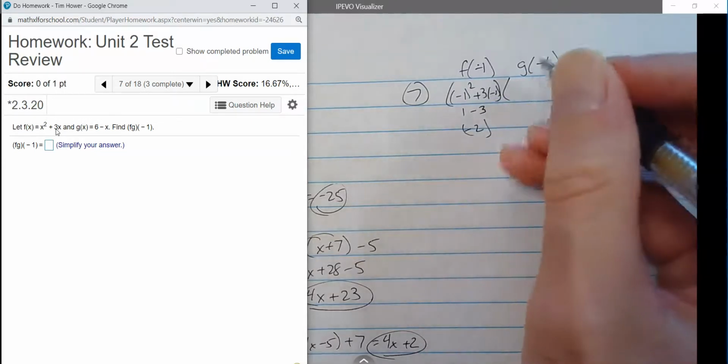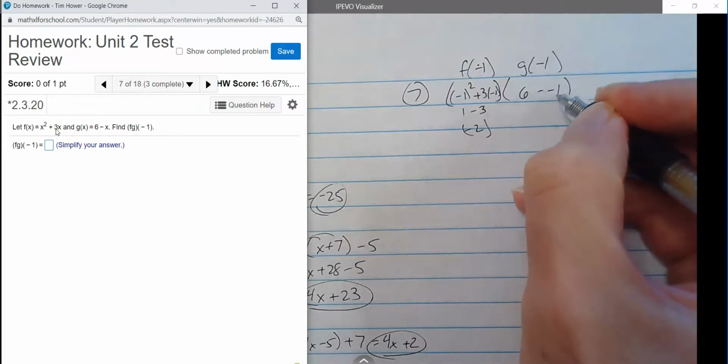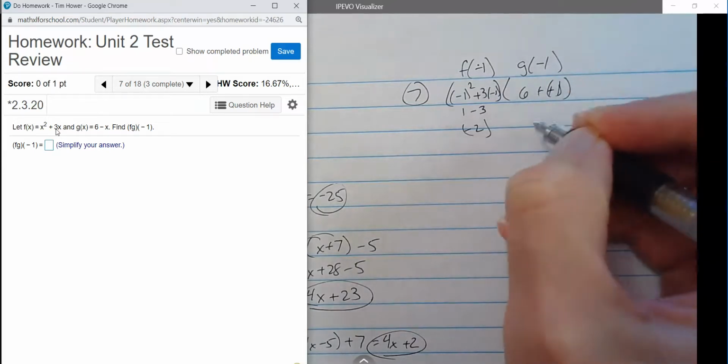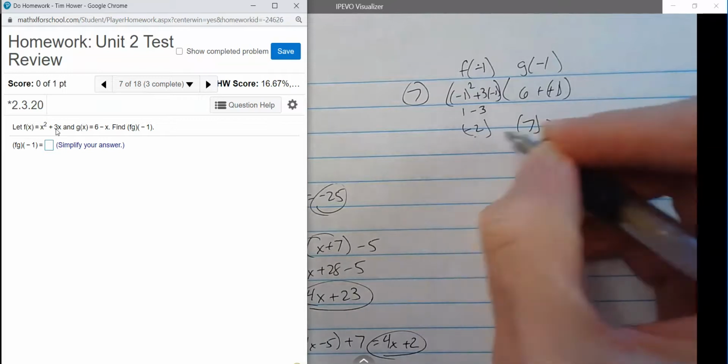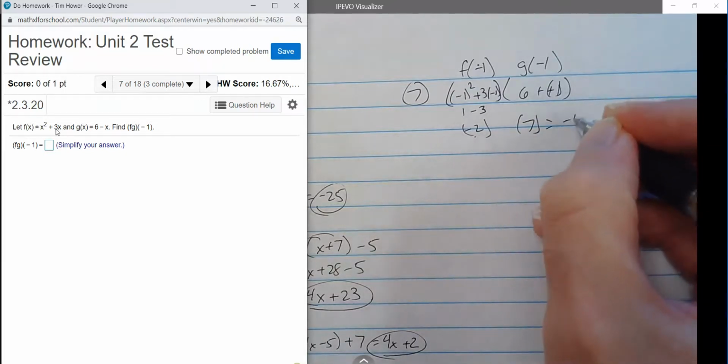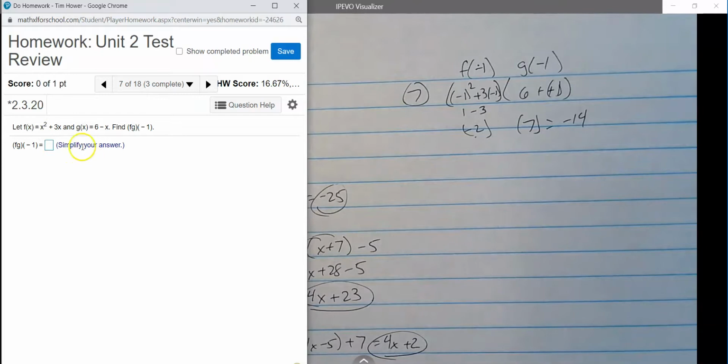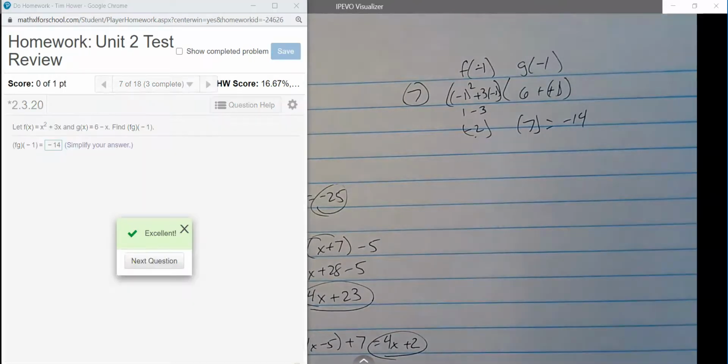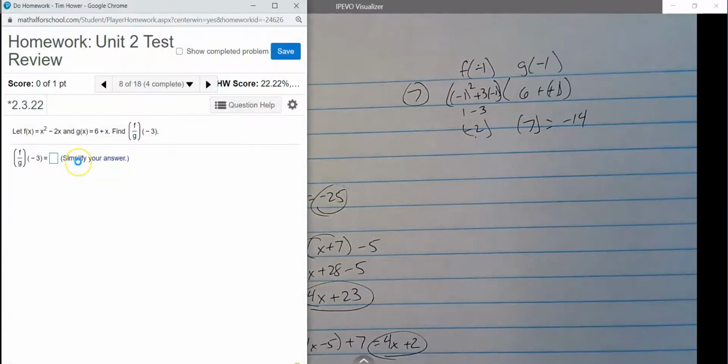When I plug into g, 6 minus -1, that's going to be 6 plus 1 is 7, so -2 times 7 is -14. So -14.